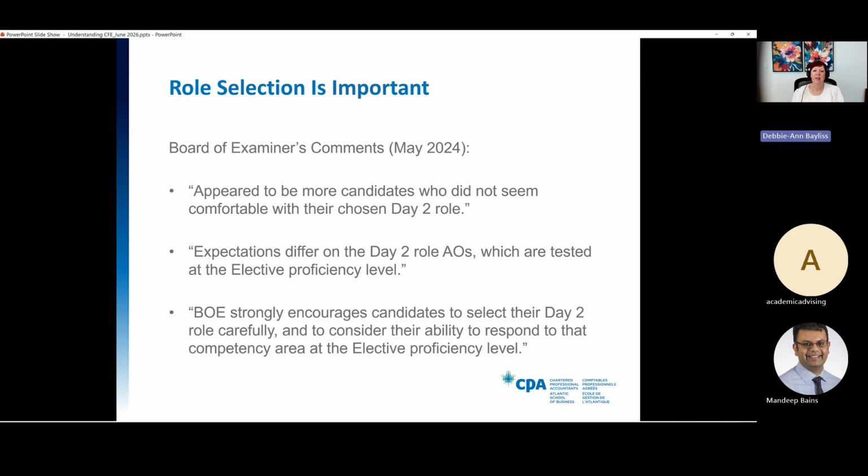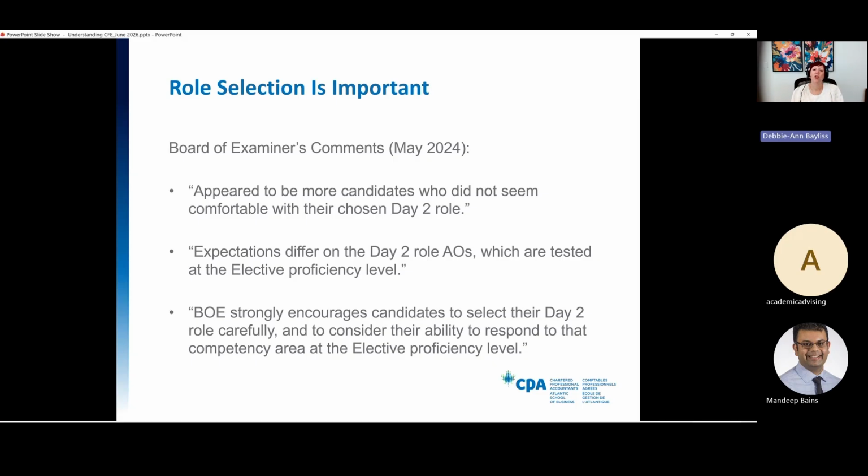Here is some important information from the Board of Examiners when it comes to role selection. They're finding that more candidates don't seem to be comfortable with their chosen role. Remember, the expectations differ for the day 2 role because you're being tested at the elective proficiency level. What you would need for a competent response for, say, strategy and governance at the core level is different.